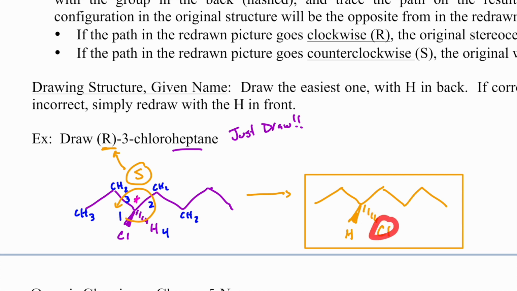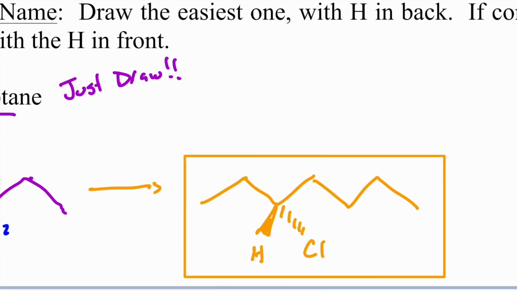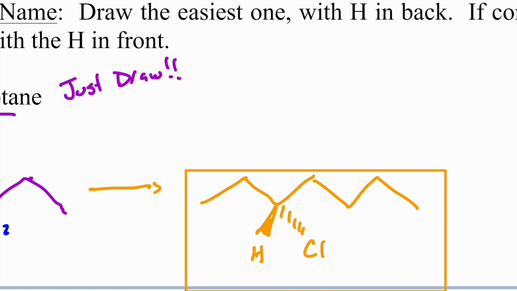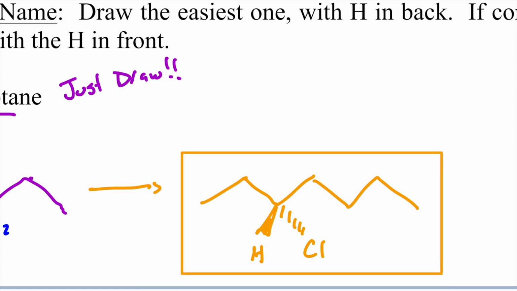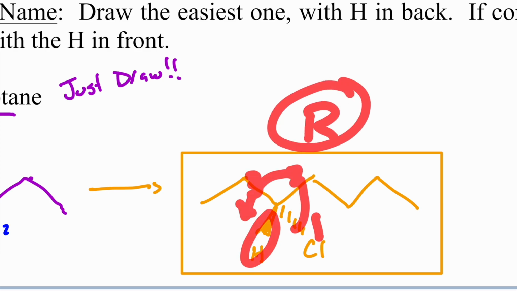It doesn't matter that it's here or here. And my H was going away from me, now it's coming at me. And this, if you want to prove it, this is my 1, this is my 2, and my 3, and I'm going that way. So I'm going to the left, but this is coming at me, so it becomes an R.